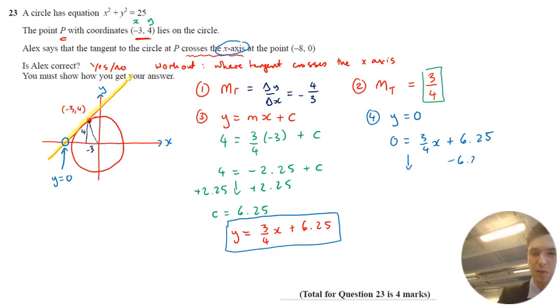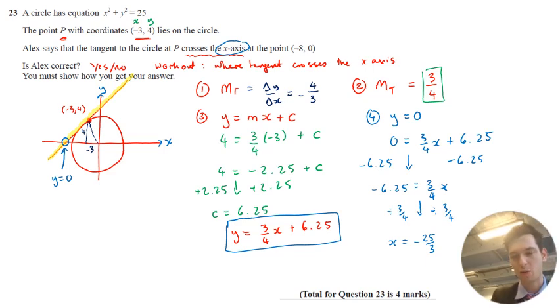Now I can find my value of x. So I can minus 6.25 from both sides. And now I can divide by 3/4. And I end up with x equals minus, as a fraction, 25/3.